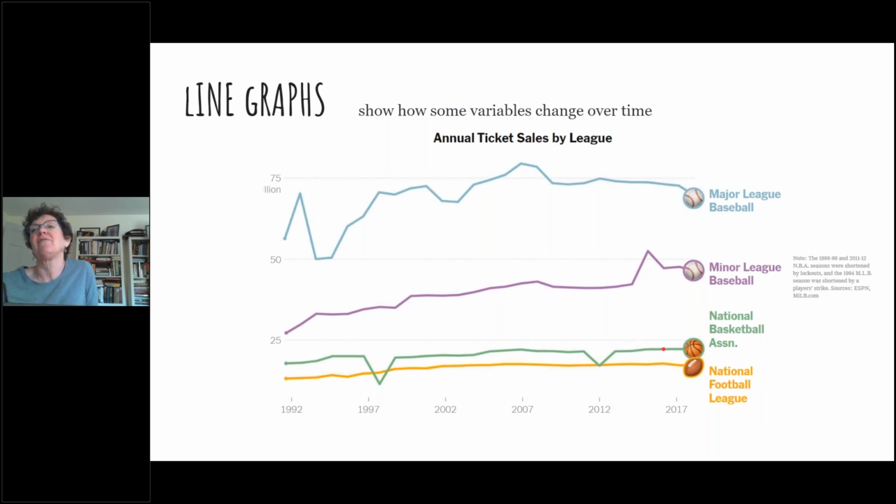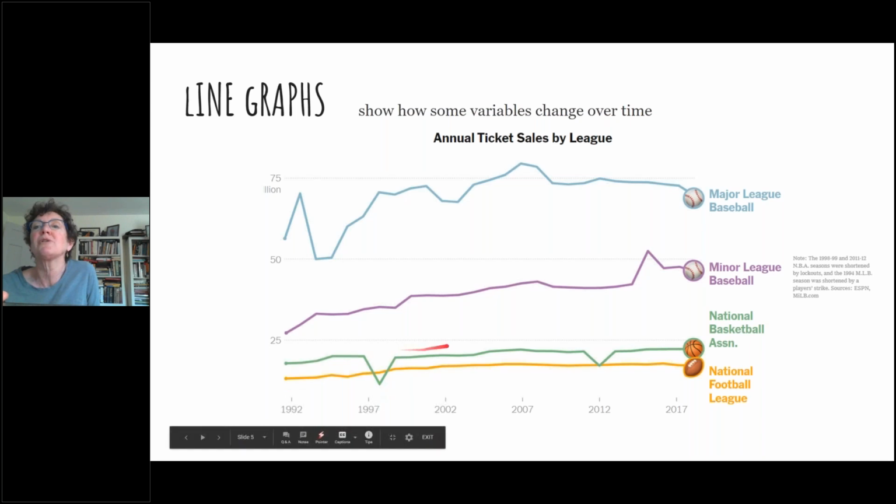There's not a lot of increase. It's grown a little bit over 26 years, from maybe 20 million to maybe 23 million.